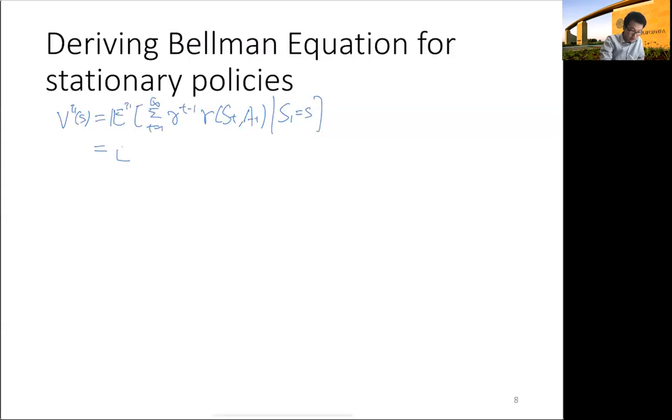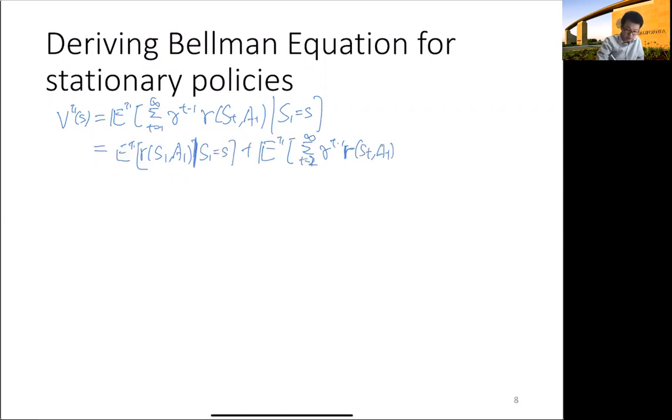So we get the expectation under pi of R of S1 and A1, conditioning on S1 equal to S. Then we add the remainder: the expectation under pi of the summation of t from 2 to infinity of gamma to the t minus 1 times r of s_t and a_t, given that S1 is equal to S. What is the first term? The first term is basically R pi of S.